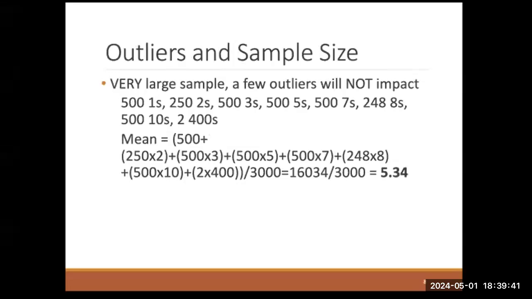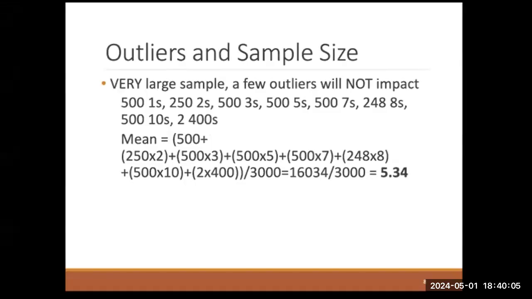So this brings to mind the idea of sample size. If you have a large sample size, few outliers won't impact it. So here is an example of a very large sample. We have 500 ones, 250 twos, 500 threes, 500 fives, 500 sevens, 248 eights, 500 tens, and 2 400s, right?